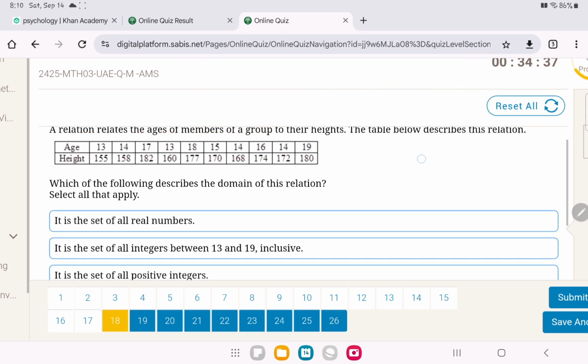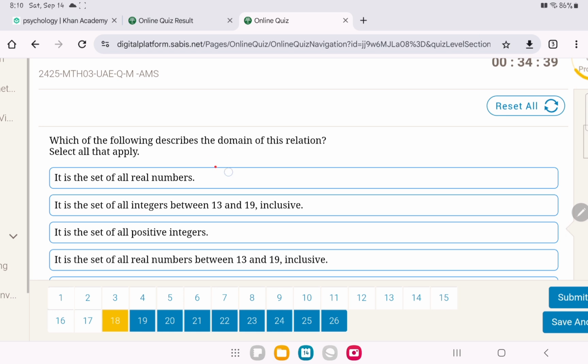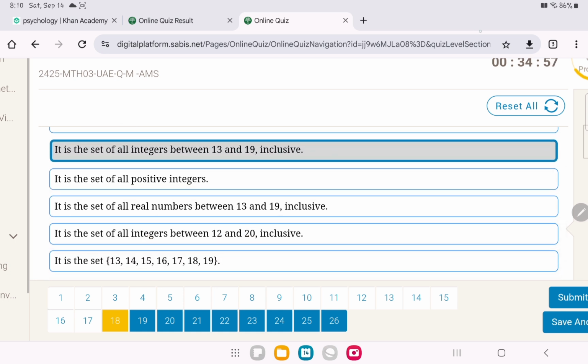So now let's check the answers. Is it the set of all real numbers? No. Is it the set of all integers? Yes. What's the difference between real numbers and integers? Real numbers include fractions, decimals, radicals, but integers are the whole numbers. So this is correct. It's not the set of all positive integers.